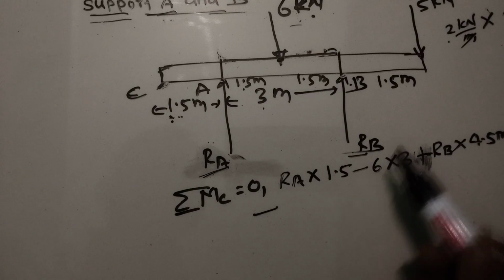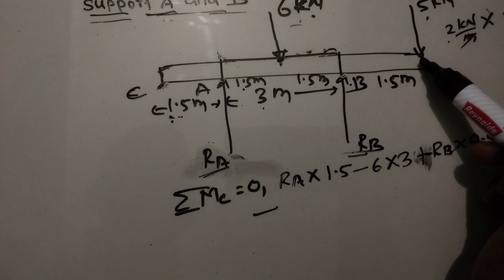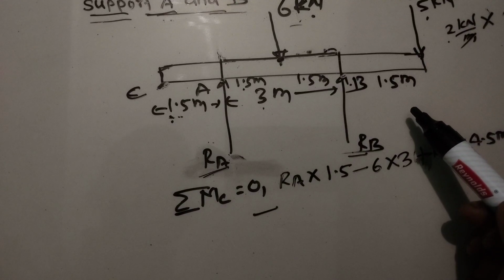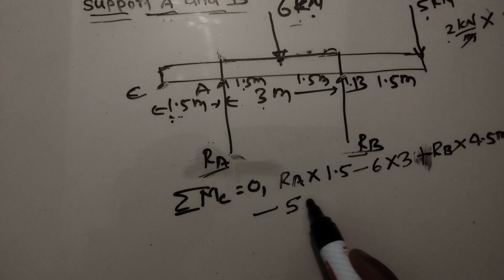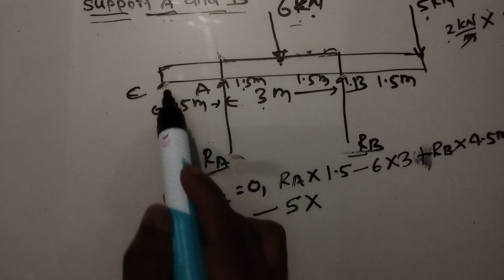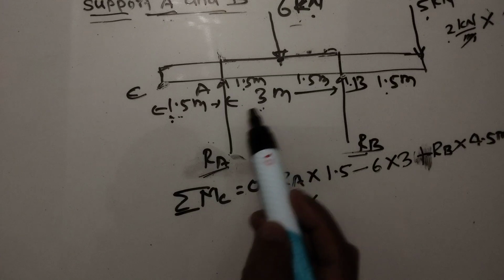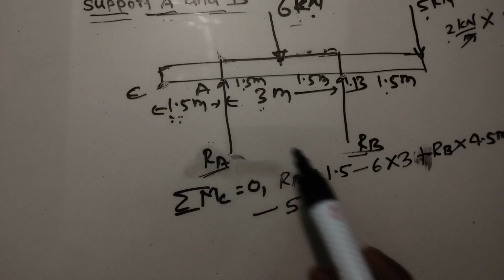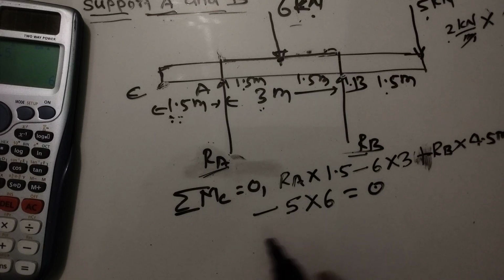And the 5 kilonewton force is trying to rotate in the clockwise direction. That's why we take minus 5 kilonewton multiplied with the perpendicular distance about point C. That will be 1.5 meter plus 3 meter plus 1.5 meter, which will be 6 meter, equal to 0.